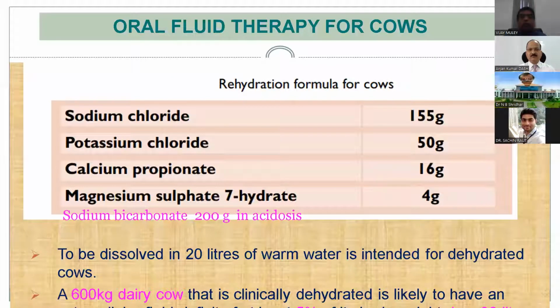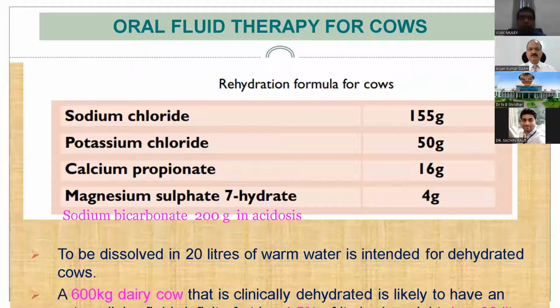And for oral fluid replacement therapy, especially for rehydration of cows: sodium chloride 155 grams, potassium chloride 50 grams, calcium propionate 16 grams, and magnesium sulfate heptahydrate 4 grams are required.